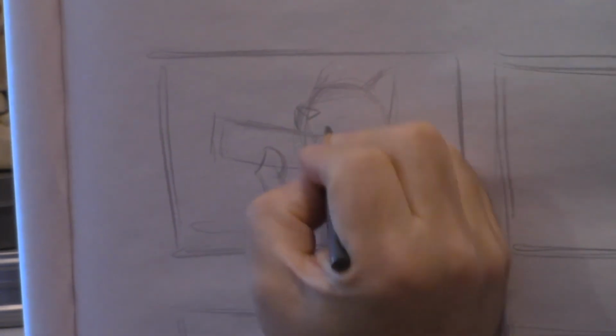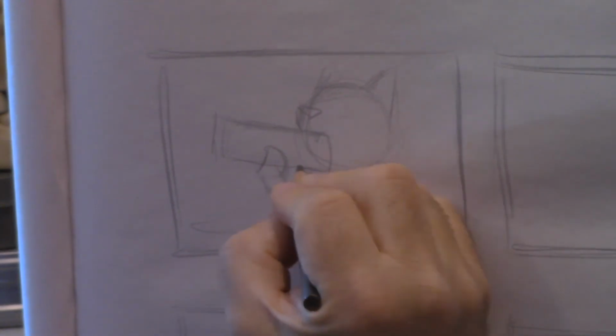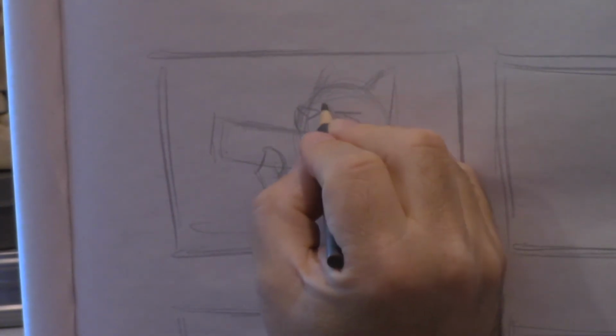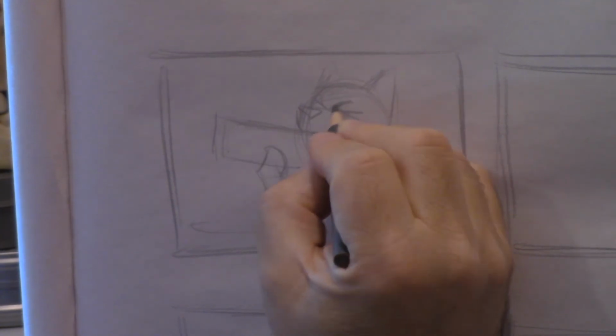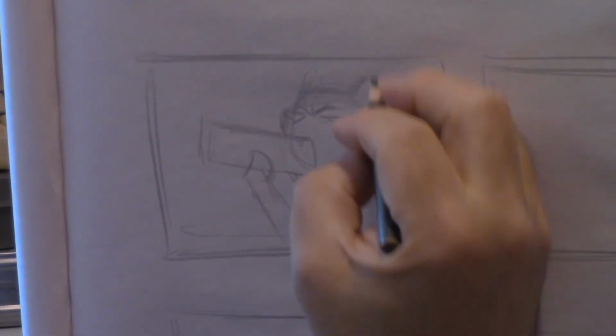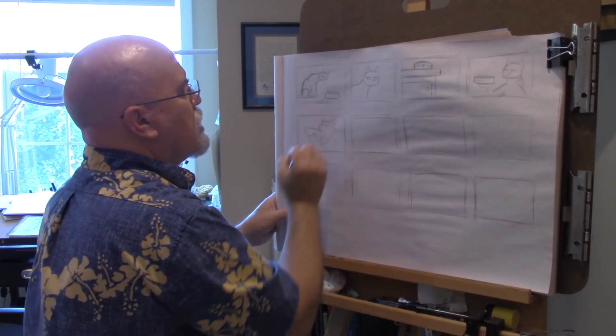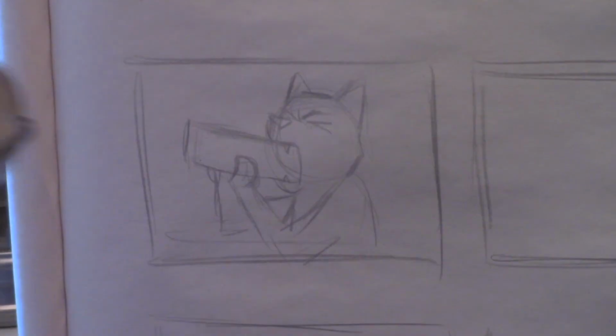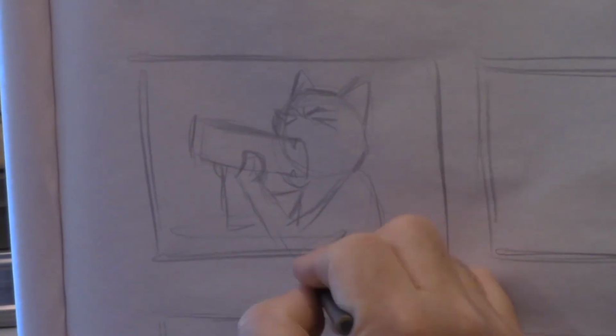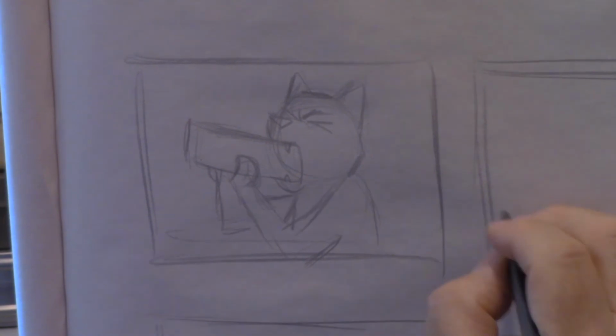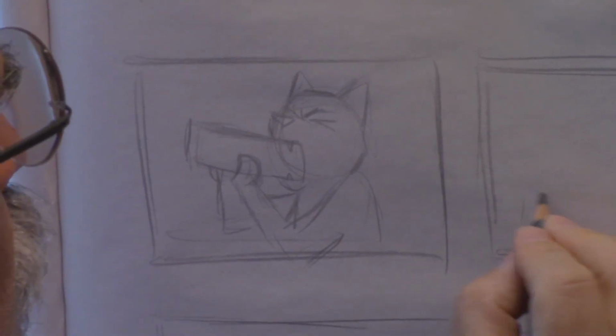Get a little nose up here. His mouth wraps around there. His eyes are all scrunchy down there. That didn't work.